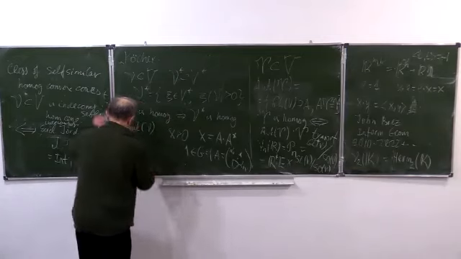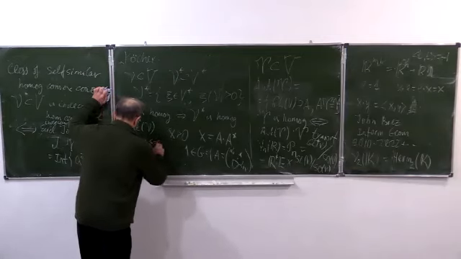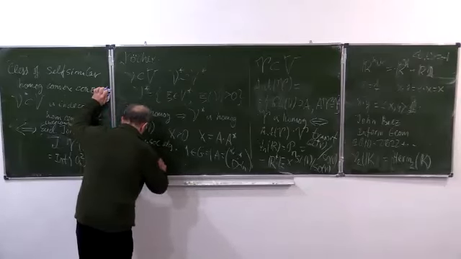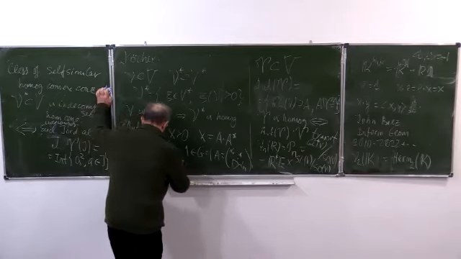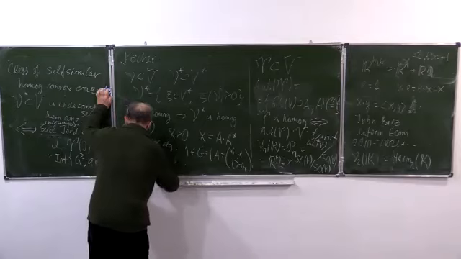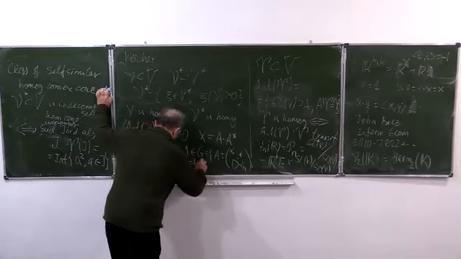Maybe I should say that if A is an associative algebra, then A with multiplication will be a Jordan algebra, where the multiplication is A compose B equal 1/2 (AB plus BA).